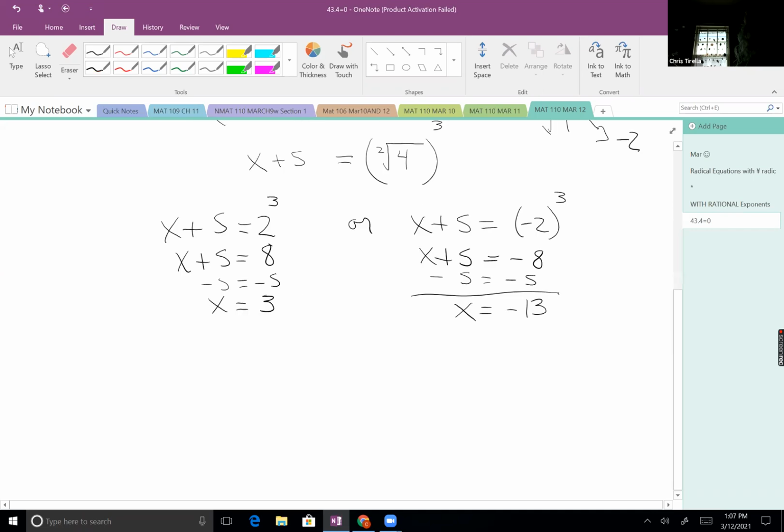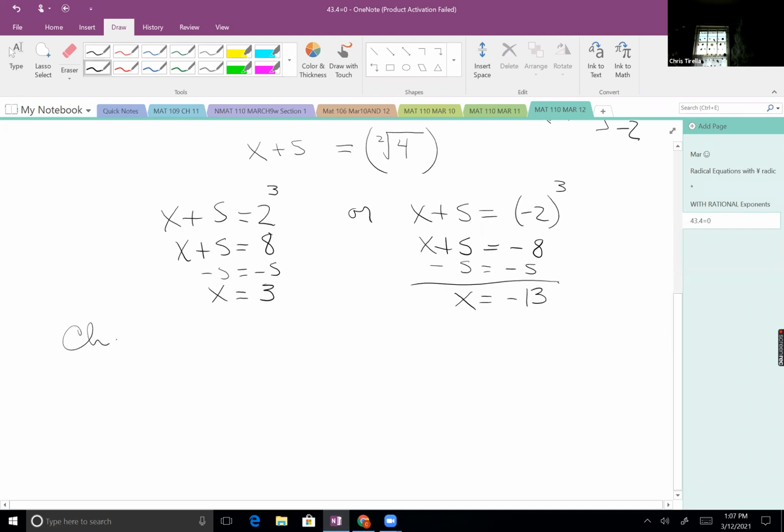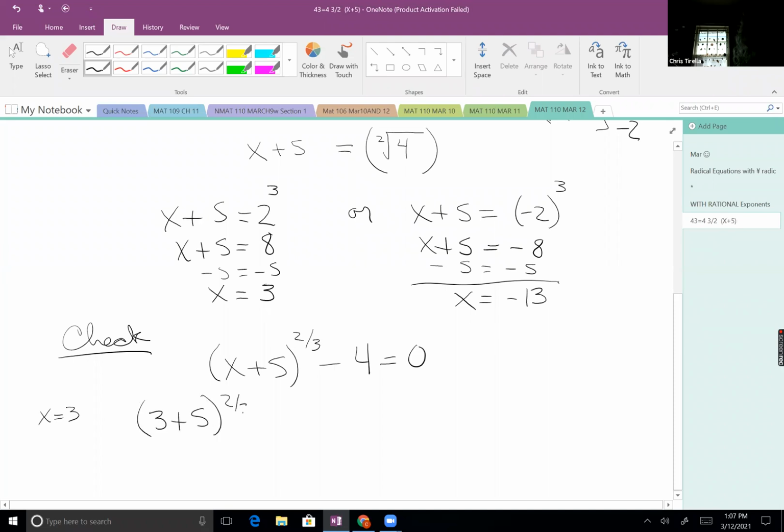So this time we've got 2 things to check. Again, our original equation was (x + 5)^(2/3) - 4 has to equal 0. When x equals 3, that gives me (3 + 5)^(2/3) - 4.